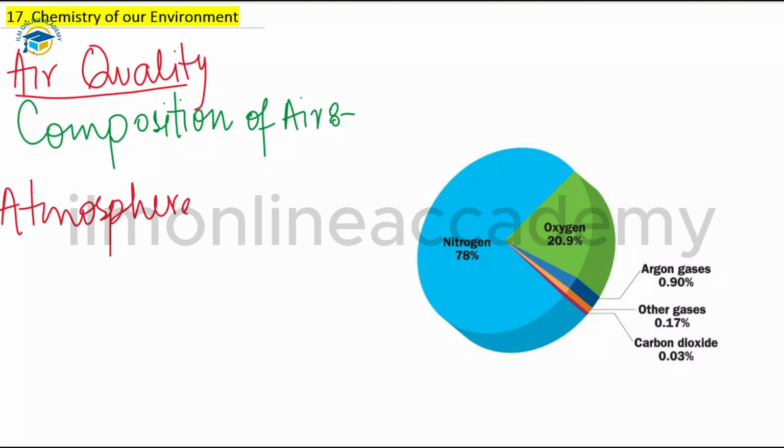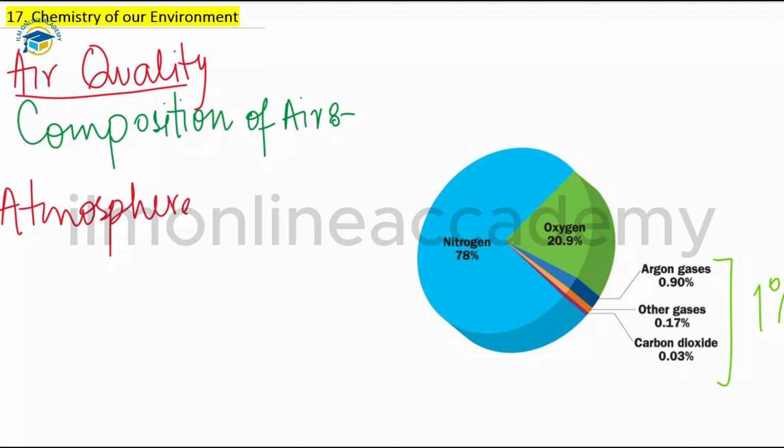In the 1% of other gases we have argon, present in very small quantities, and also carbon dioxide and noble gases like neon, krypton and helium. We also have methane, oxides of nitrogen and sulfur dioxide.